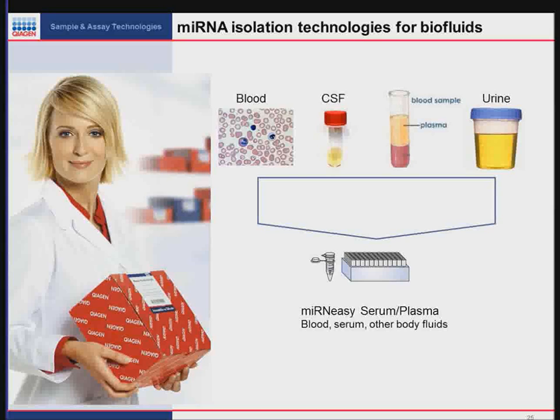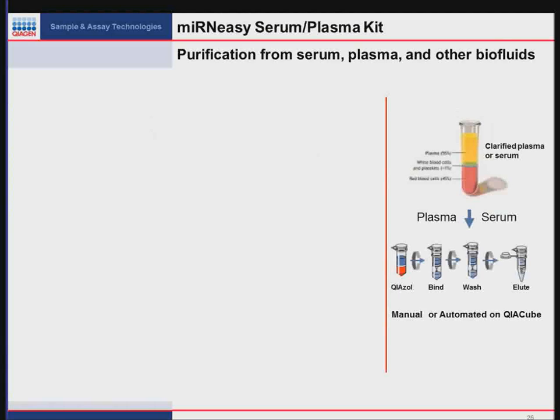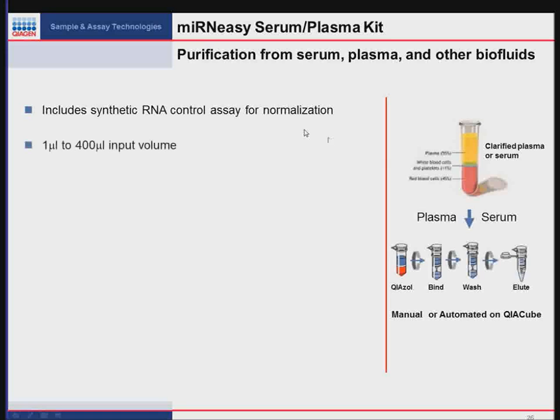We're taking CSF or plasma or urine, or we can actually do whole blood, and we're using the miRNeasy serum plasma kit. The way this works is we do a QIAzol extraction and a bind, wash, and elute. The serum plasma kit includes an assay for a C. elegans microRNA, which you can use as a spike-in to monitor recovery and variability in your samples.